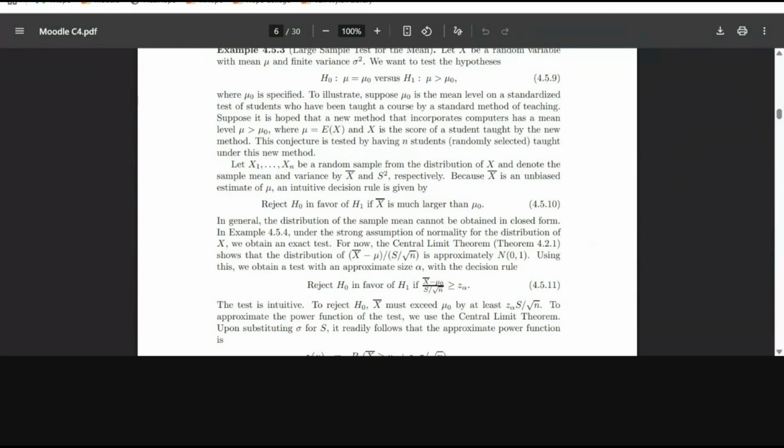So let's immediately have you do another group work to give you more practice on these kinds of things. This question here, I give you the test and ask you to find the probability of type 1 error, right?